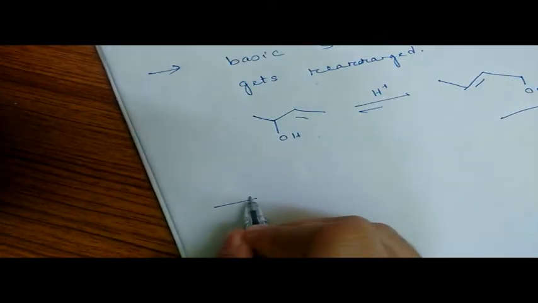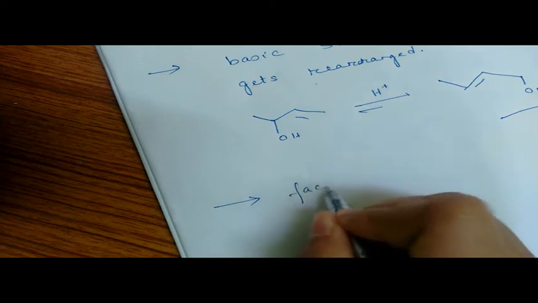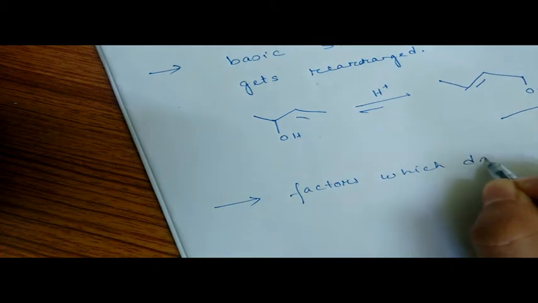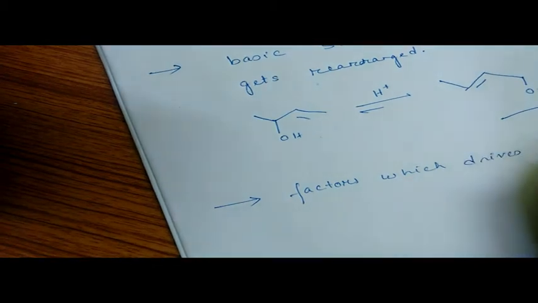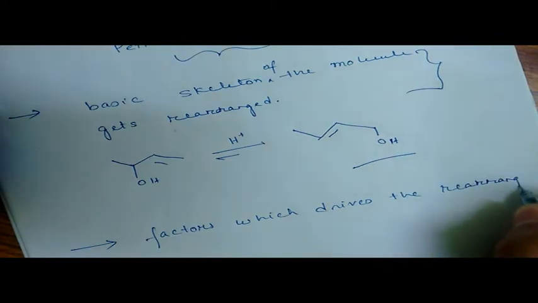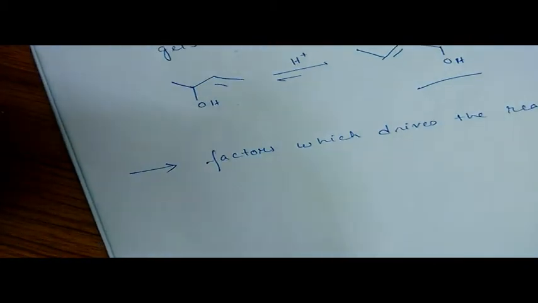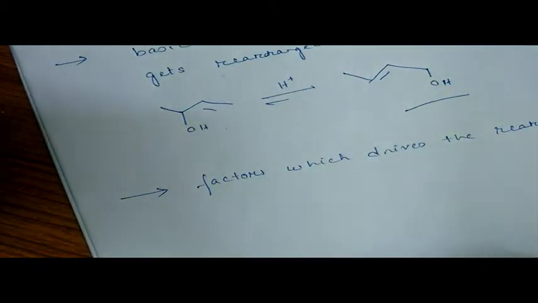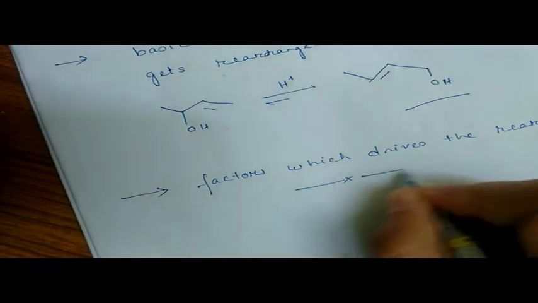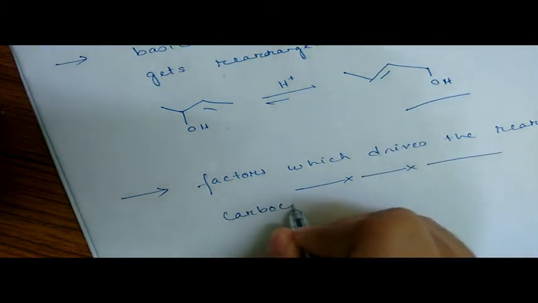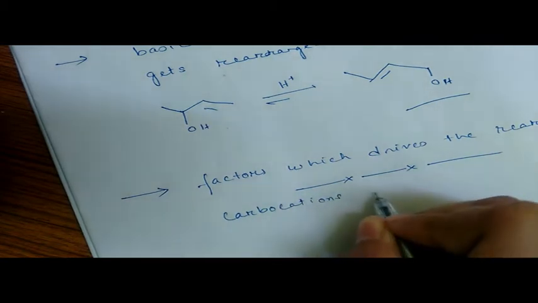So after we had an example of rearrangement reactions, we got a basic idea of what rearrangement is. Let's talk about the factors which drive the rearrangement. Before going to the example, let me clear one thing: in this video I'll be talking basically about those reactions in which carbocations are involved.